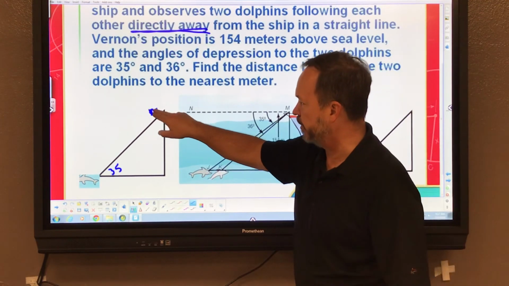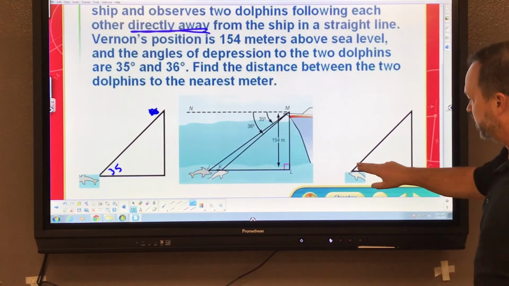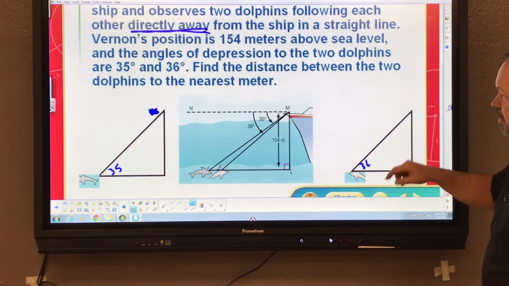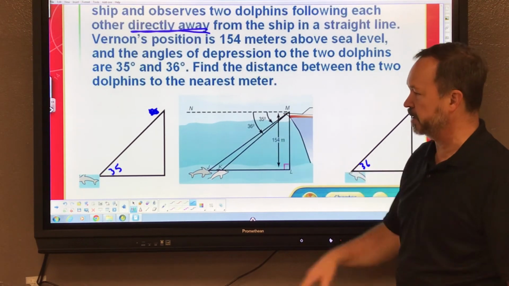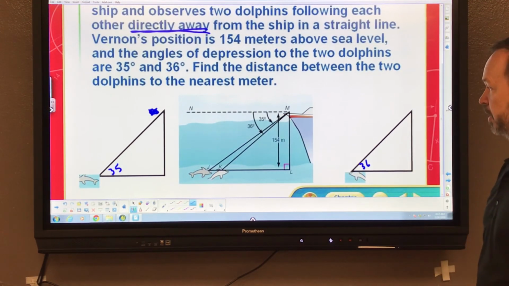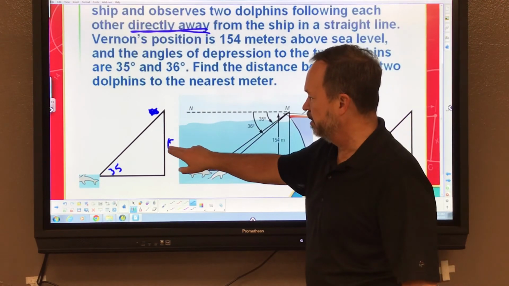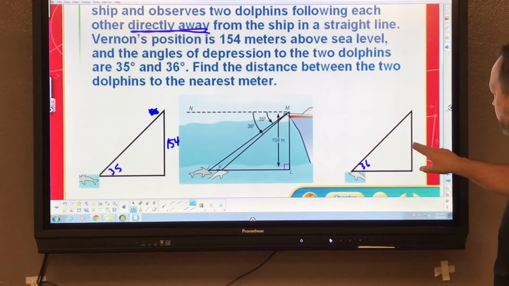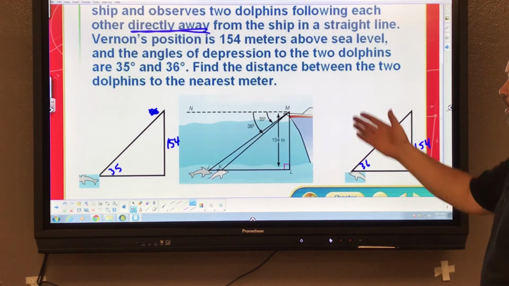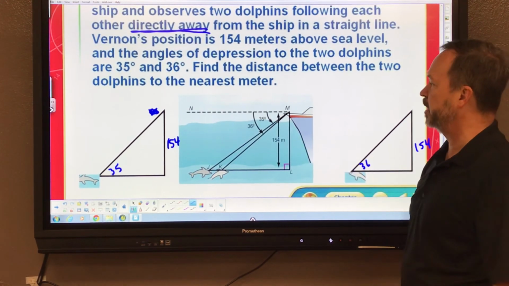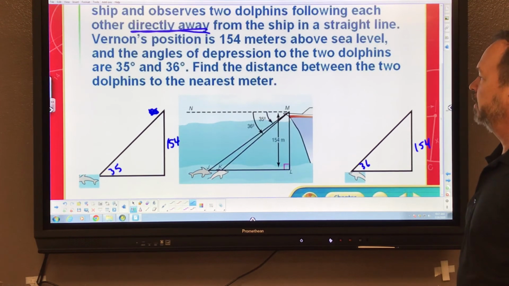So I'm just going to mark that one out. And then this one would be 36 for the same reason. So you can see how that would work with the alternate interiors. This is 154 feet, no matter what, that's how far it is up to the upper deck of the cruise ship. According to our problems here and our picture here, that's how that would work.